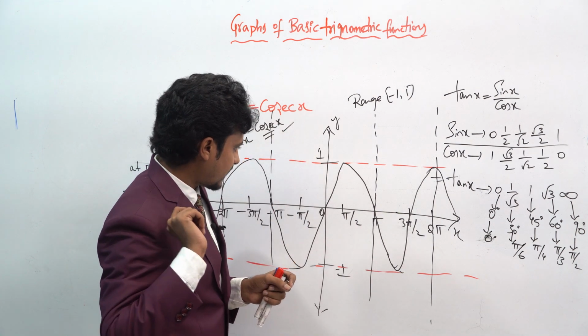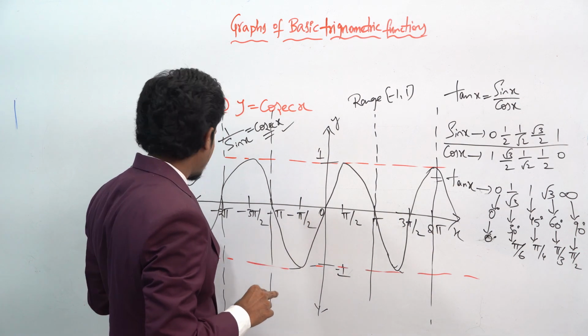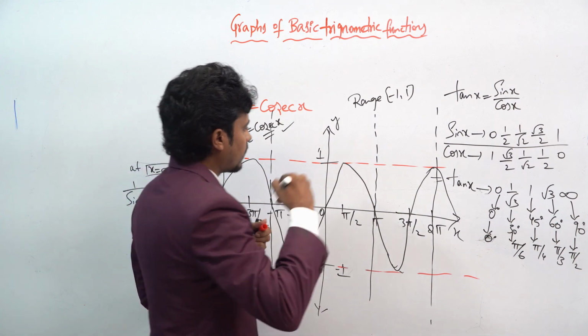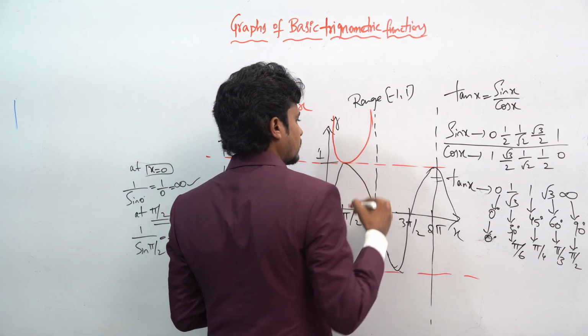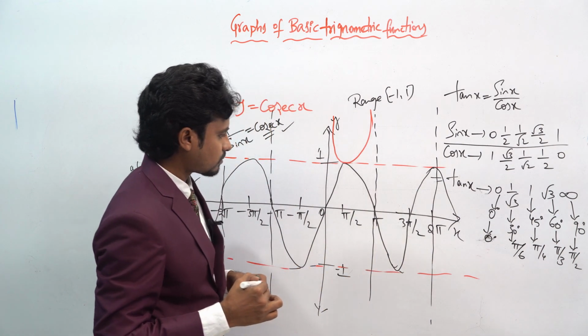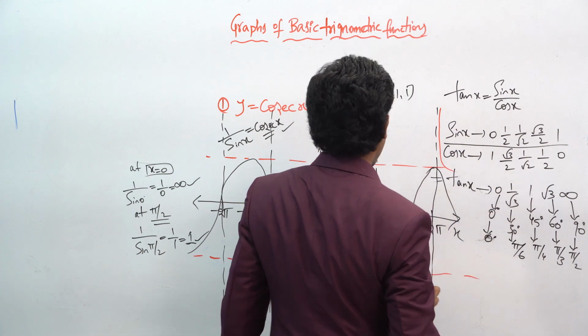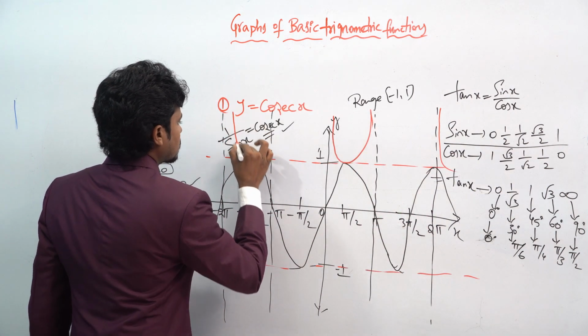Okay, next thing, here at 0 how much will you get? You will get infinite, right? At pi by 2 you will get 1. So here this will be 1, here it will come from infinity. Here also like this, and here this is also like this.